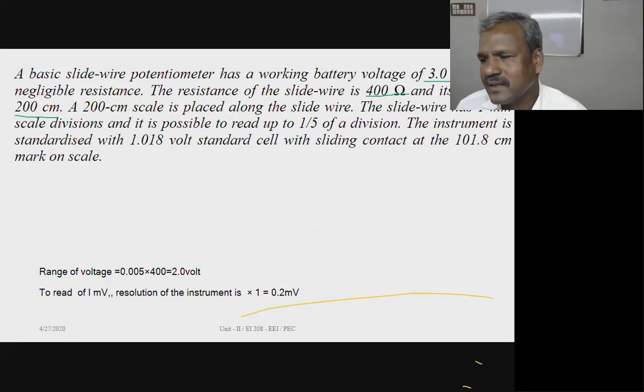The slide wire has 1 mm scale divisions, and it is possible to read up to 1/5 of a division. The instrument is standardized with a 1.018 volt standard cell with the sliding contact at the 101.8 centimeter mark on the scale.